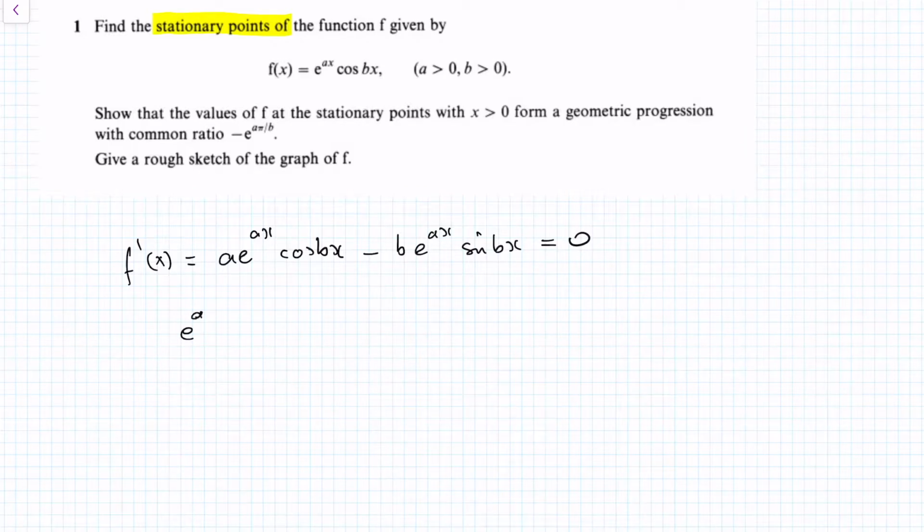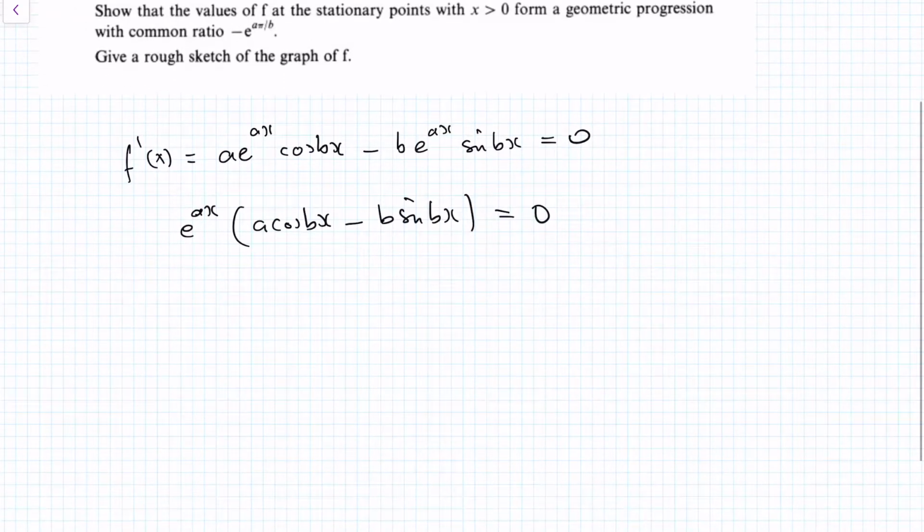Factorizing e to the ax, we get a cos bx minus b sine bx is equal to 0. Well, e to the ax is not 0.